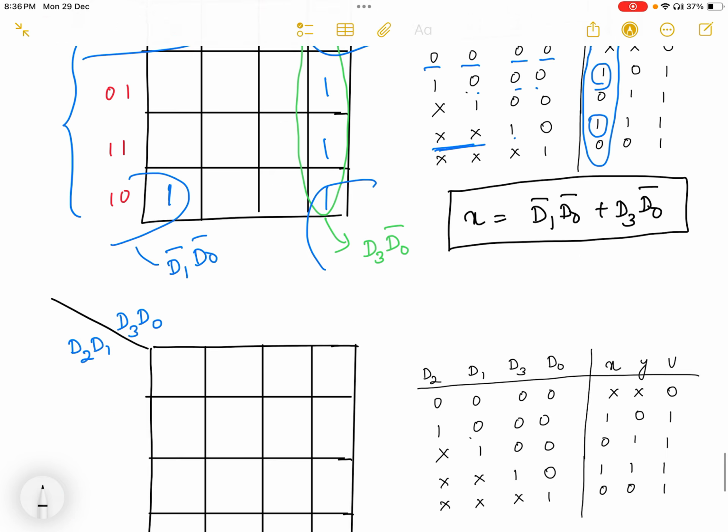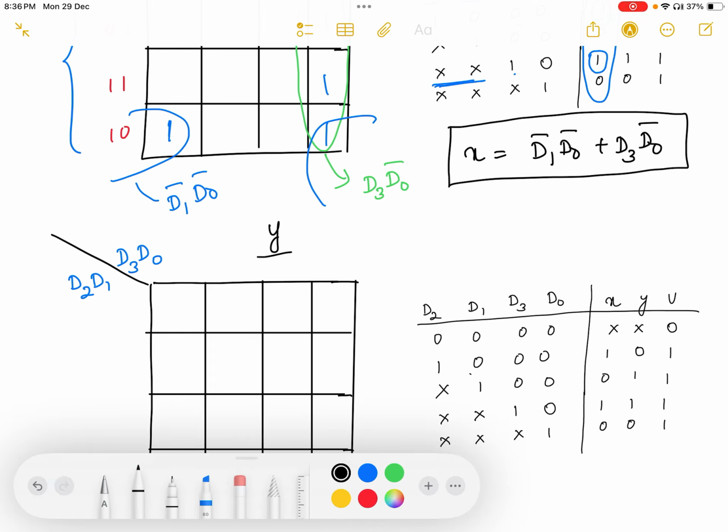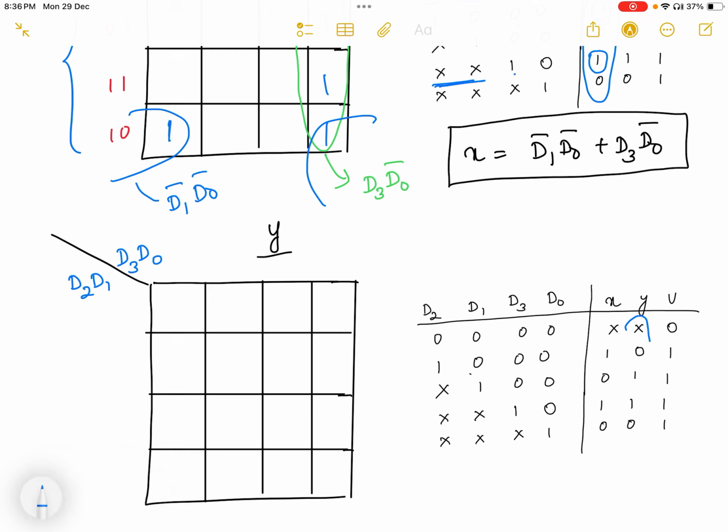Then we'll find the expression for Y, so we'll take this column. Y will be don't care when D2, D1, D3, D0 are all 0, so I'll get don't care here.